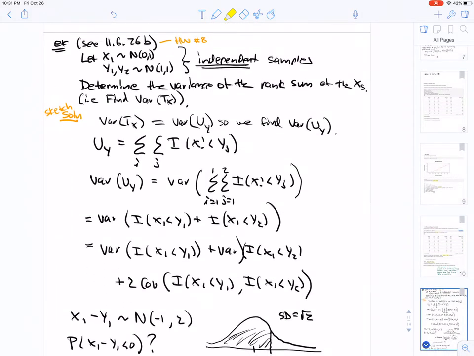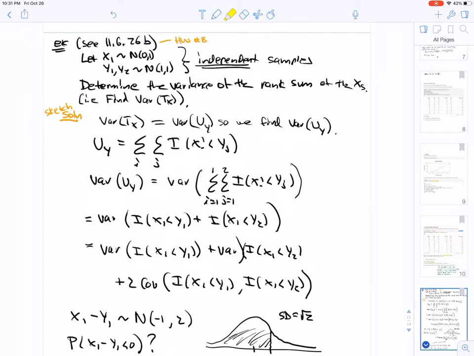We ended with an example that should help you in homework 8. So this is problem 11.6.26b, except that I did a sort of a miniature version of that problem. So here I have one standard normal and two N(1,1)'s.